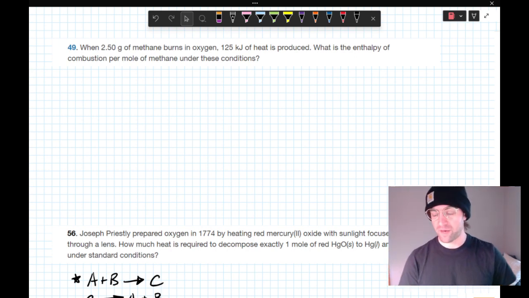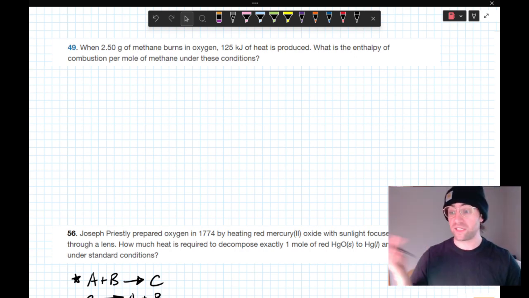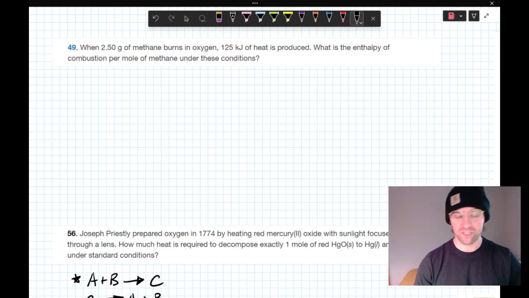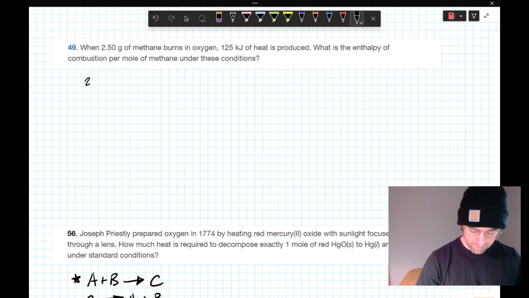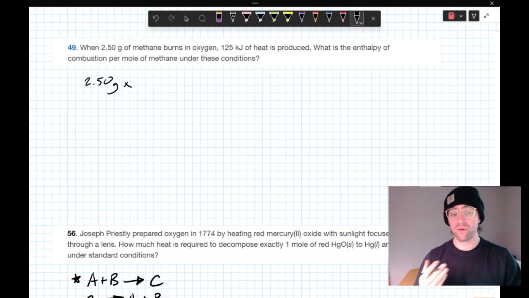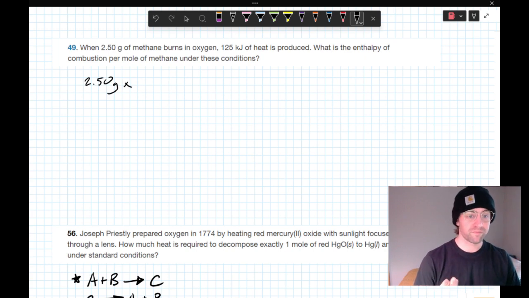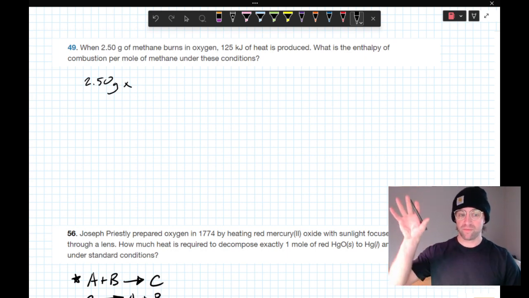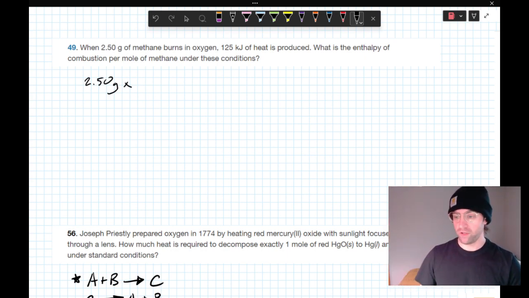Since they're giving you the amount of energy produced, we don't really need to worry about what the conditions are. But let's run the dimensional analysis. We're given a mass, and we're trying to get to number of kilojoules per mole of substance.